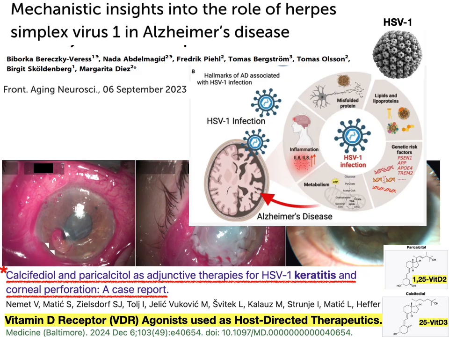Can vitamin D receptor agonists be used in combination with standard of care antivirals such as acyclovir to arrest and protect the brain and central nervous system from HSV1 infections in the context of Alzheimer's disease and perhaps long COVID as well?